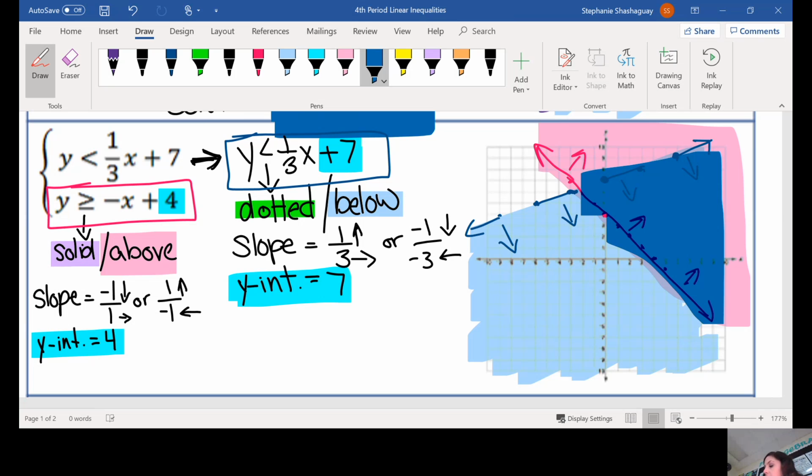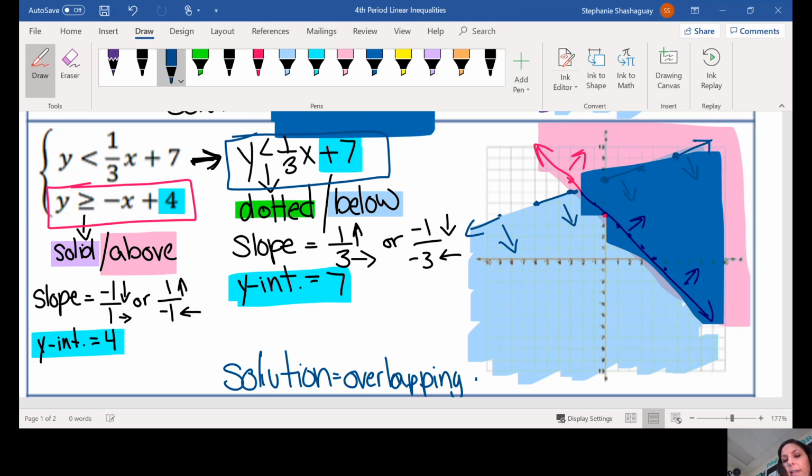That area where they overlap is the solution to the system. So the solution is the overlapping area.